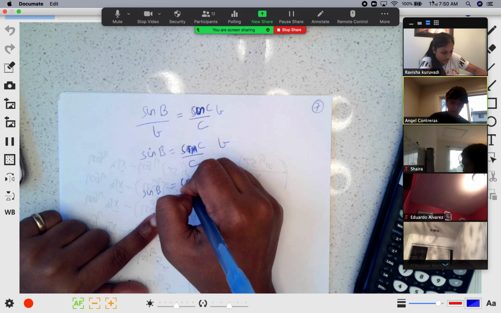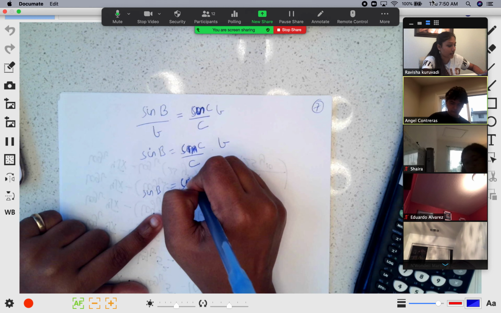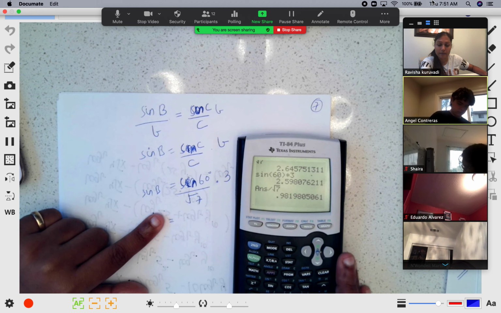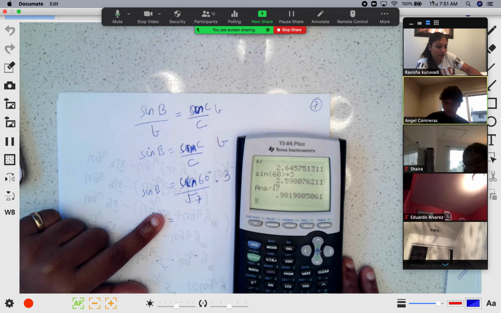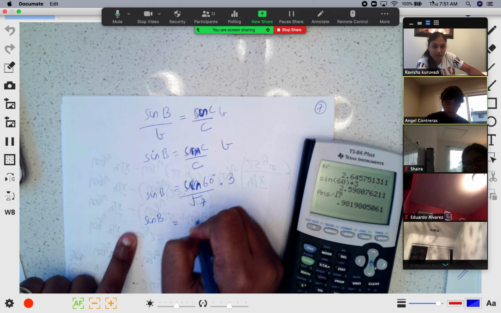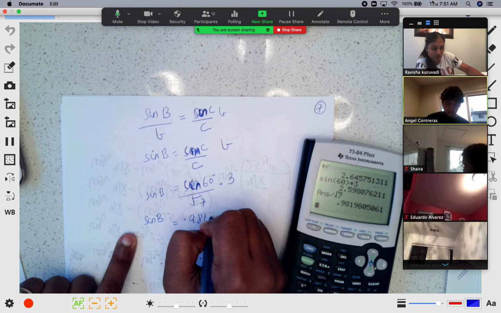When you use the calculator, you have sine 60 close bracket times 3, enter, then whatever answer you get divided by square root of 7. You got this thing. Note, I need to find sine b. You got 0.981980506 something.